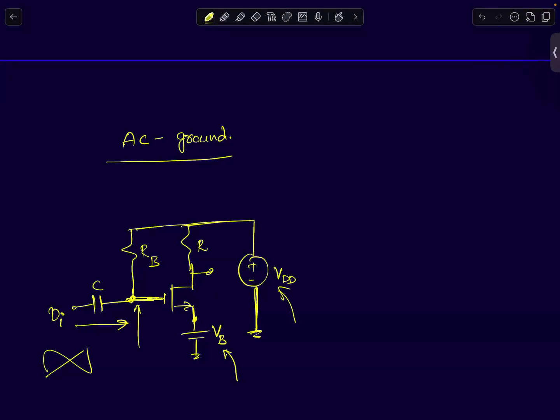What is the DC voltage at the gate terminal? No, DC voltage. There is no frequency dependence here. Forget about frequency dependence. For DC, you can treat the capacitor as an open circuit. If you treat the capacitor as an open circuit, what do you get?